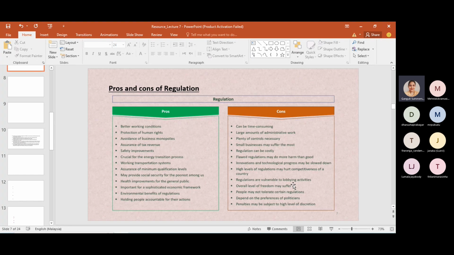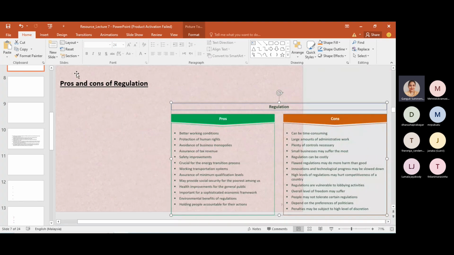Because when a company is penalized, it will lose its customers, and its reputation in society will be tarnished as well. So the penalties can create a negative impact on companies. Okay, so these are some disadvantages of regulation.